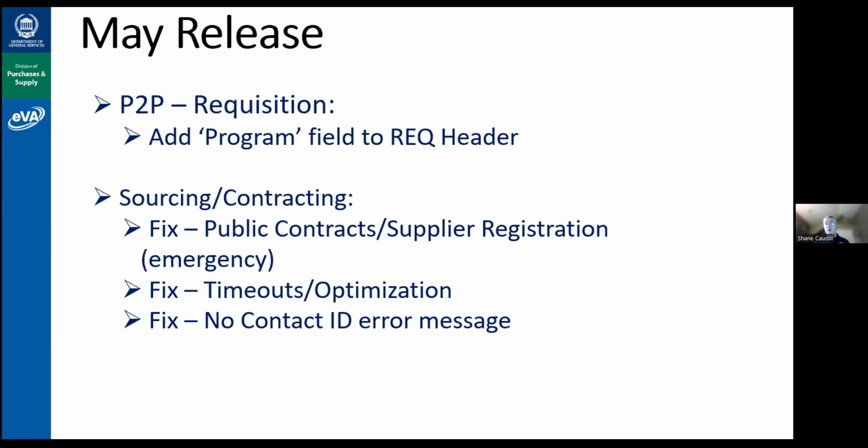That actually hit UAT yesterday. Tracy, if you're out there, thank you so much. She got the testing done for that late yesterday. That has passed, and I'm hoping you'll see my little note that says emergency. I'm hoping that sometime today that will go in off cycle as an emergency fix to fix the public contract navigation and pulling of attachments, and our supplier registrations as well.